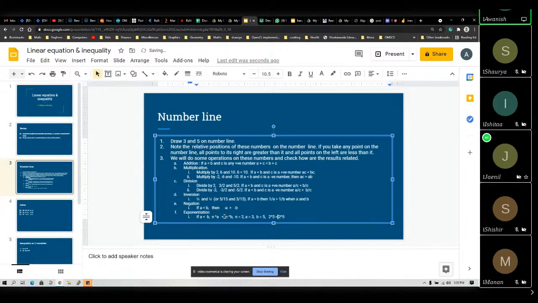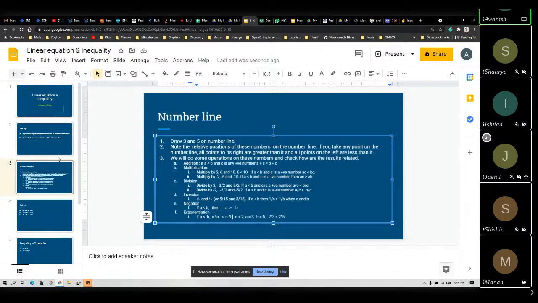Sir, 8 is smaller than 32. So if A is less than B, n raised to A will be less than n raised to B. Okay? Is this okay to all?